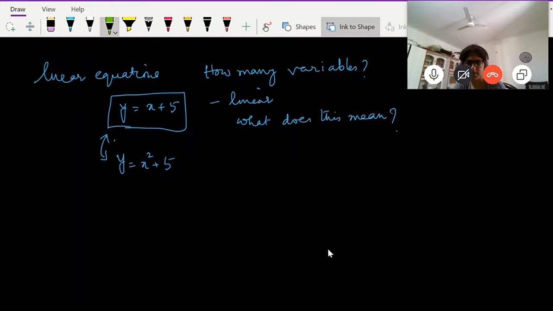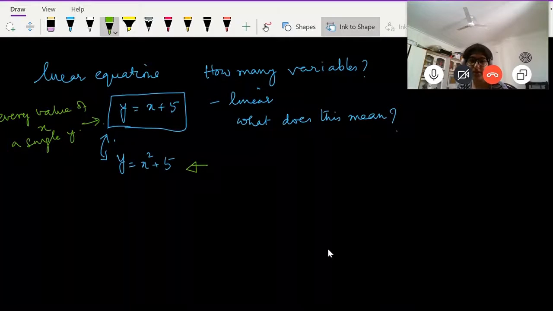In the first equation, for every value of x, there will be a single value of y, right? Yes.